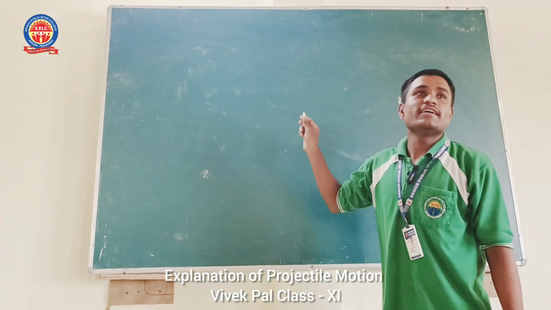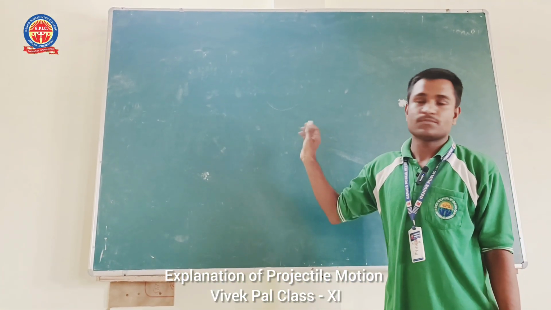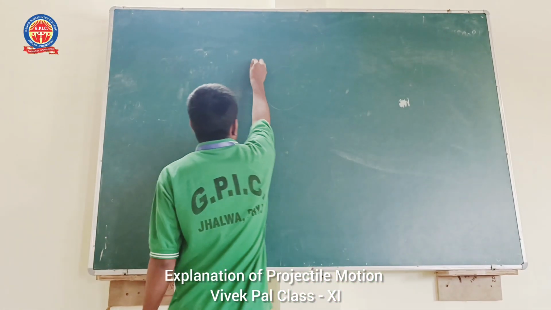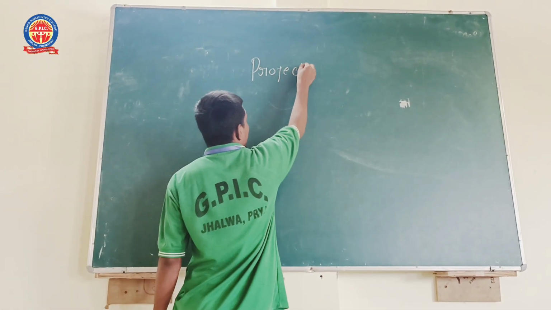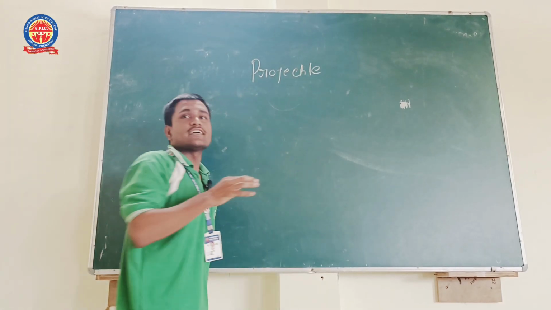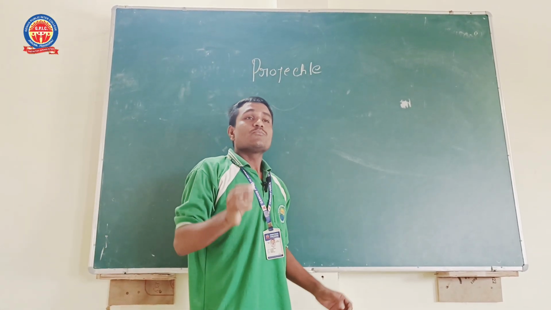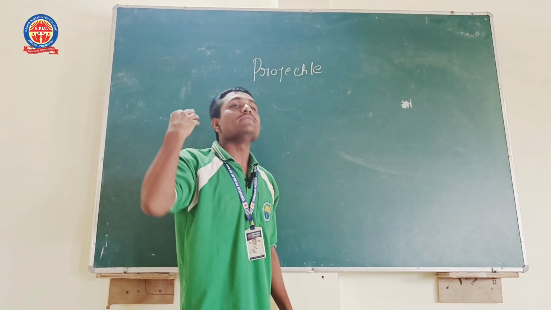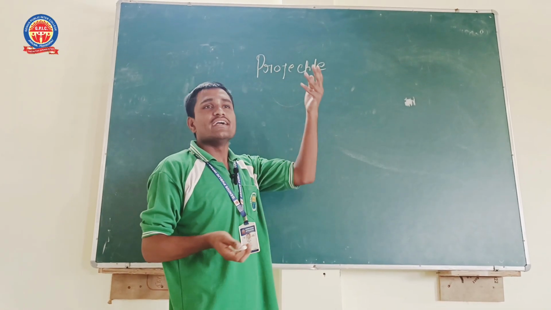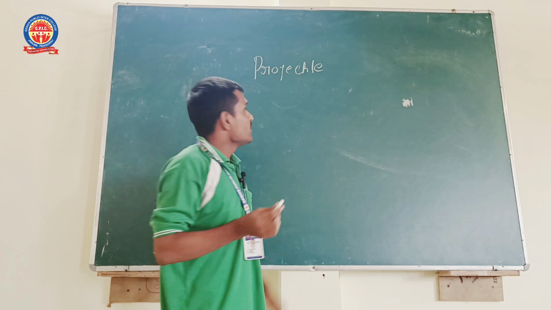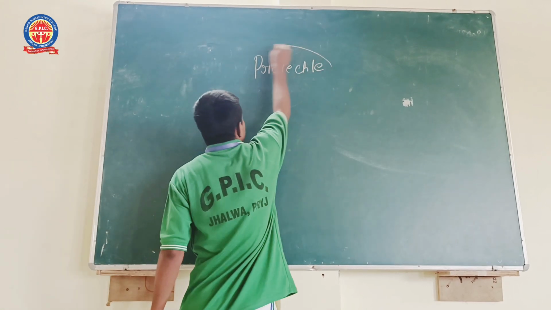Today we will study projectile motion. You know very well what a projectile is. First of all, what is the meaning of projectile? Projectile is a name given to any body that is thrown into space.